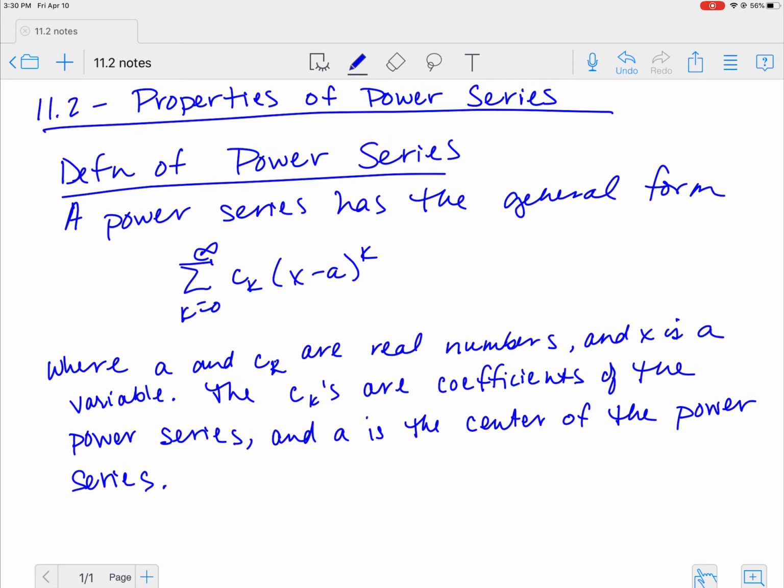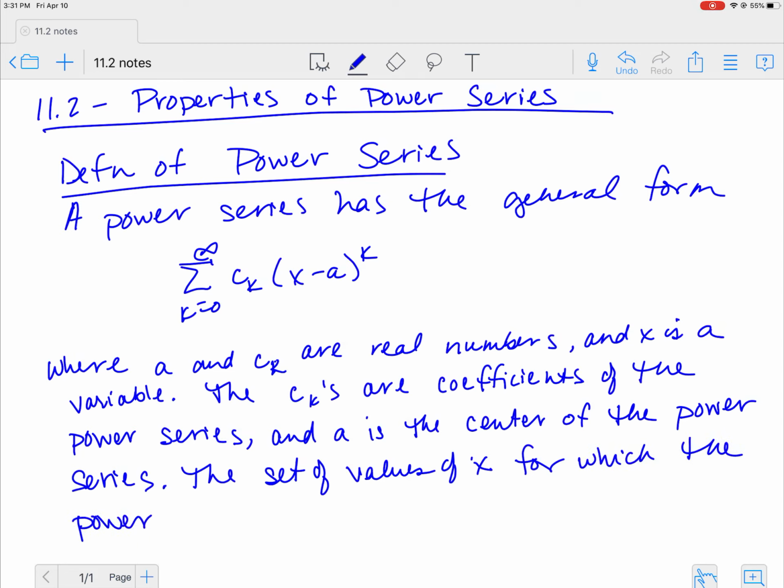Okay, the set of values of x for which the power series converges is called the interval of convergence.